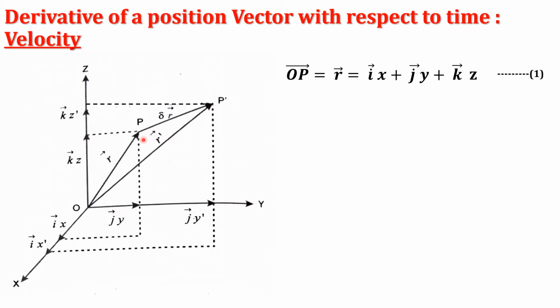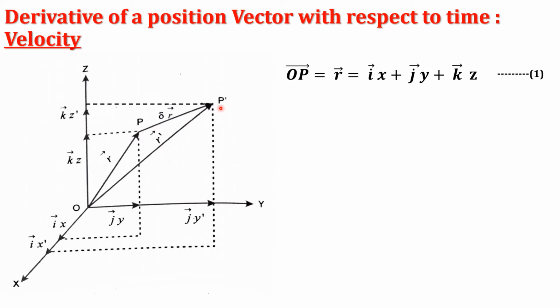As the point P moves to P dash in time t dash, since the initial time is t, the particle displaces some distance. At time t dash, we get the new point P dash, and that point P dash has the coordinates x dash, y dash, z dash.